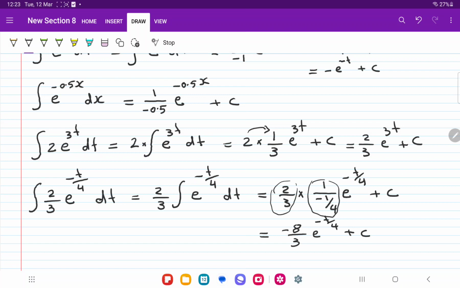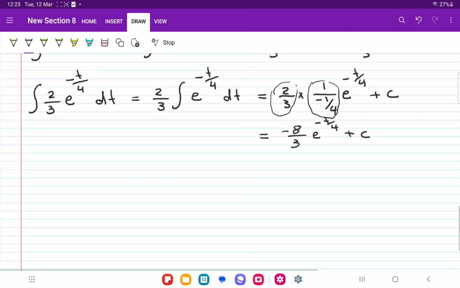I'm going to do one last question with letters. Let's say we have integration of a over b e to the power minus t over cd dt.